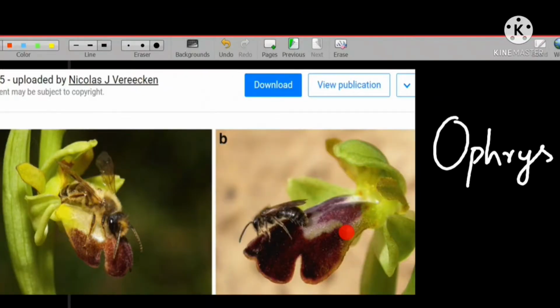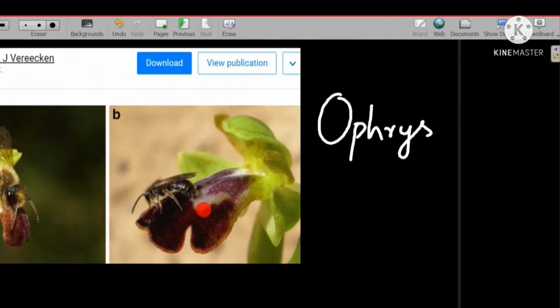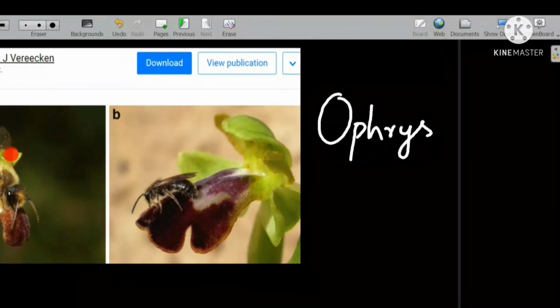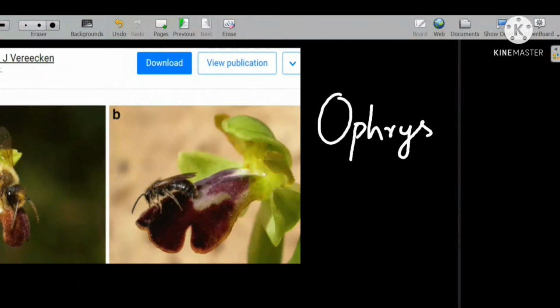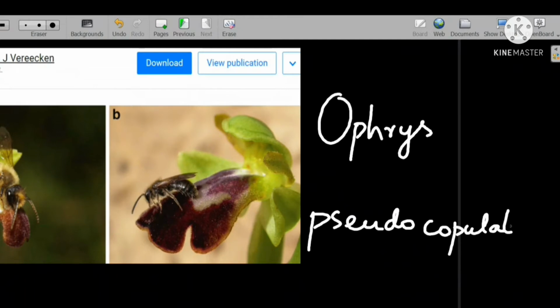One of the petals of Ophrys has resemblance to a female honeybee. The honeybee will be thinking that this is a female honeybee and tries to copulate with it, which is called pseudocopulation.